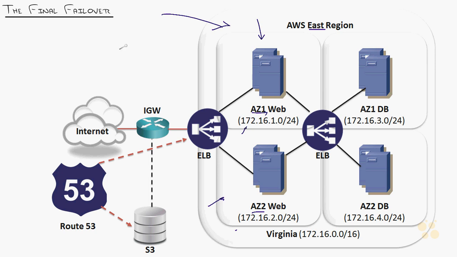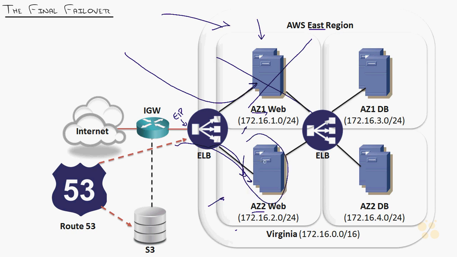These are being load balanced using the public-facing load balancer. We'll put an elastic IP address right here on the ELB. It's coming in, bouncing between these guys. If the entire data center goes down, that's cool. It's not cool, but we can fail over to data center number 2, serving the same web content from the same databases.